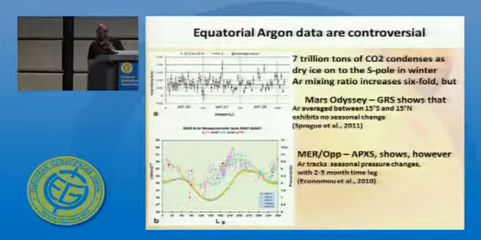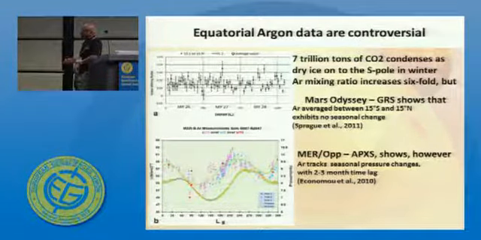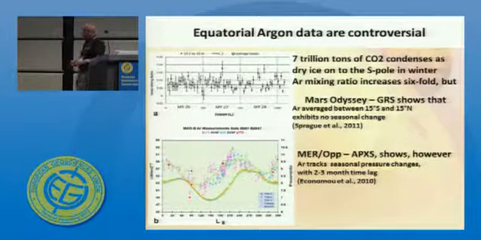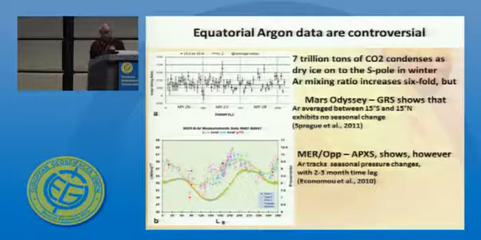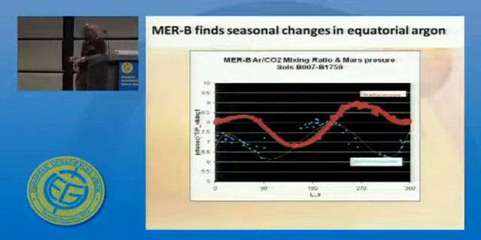But it's really controversial data, because at the same time, we have observations from Mars Exploration Rover Opportunity, MER-B, with the APXS instrument on it, and it shows that there are seasonal changes in argon. I'm showing you these data in a little bit blown up figure here, same data from APXS. These data were sent to me by Steve Squires, who is the person behind this with his team.